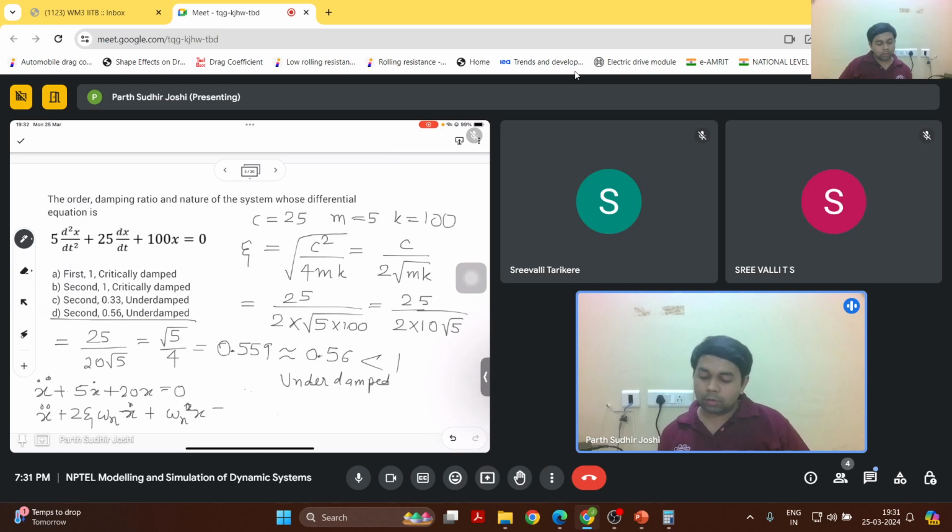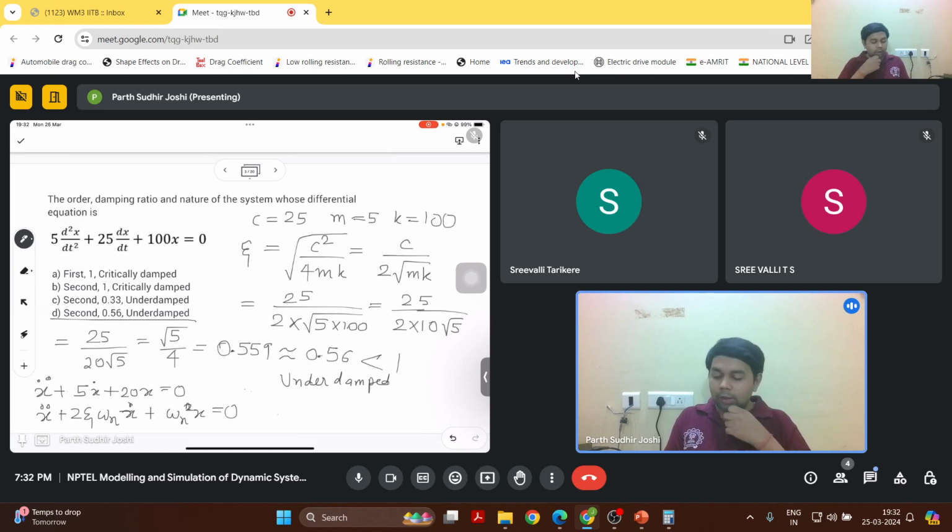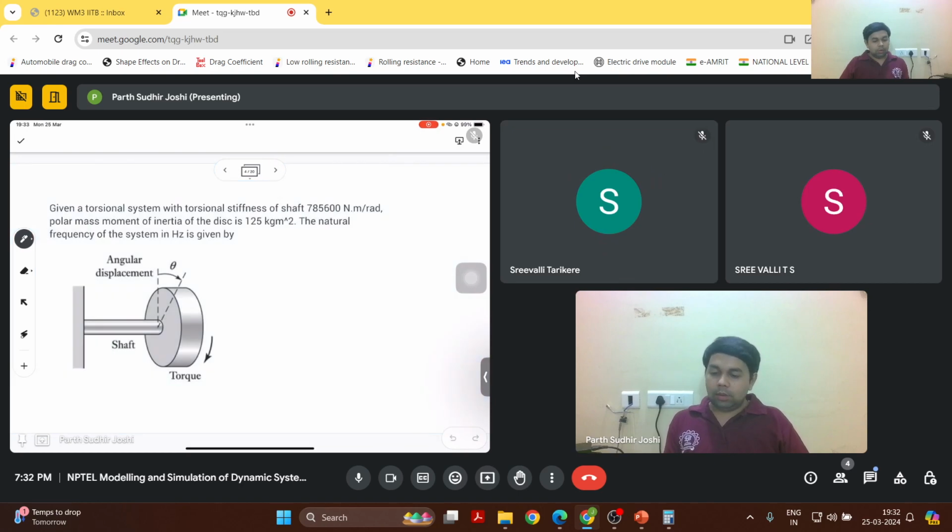Now we can compare the coefficients in this way also. The way we did it for c, m and k, we can also do it directly for zeta and omega n. The coefficients are omega n square will be 20 and 2 zeta omega n will be 5. So using that we can get to the same answer. Make sense? Yes, sir. Okay, fine.